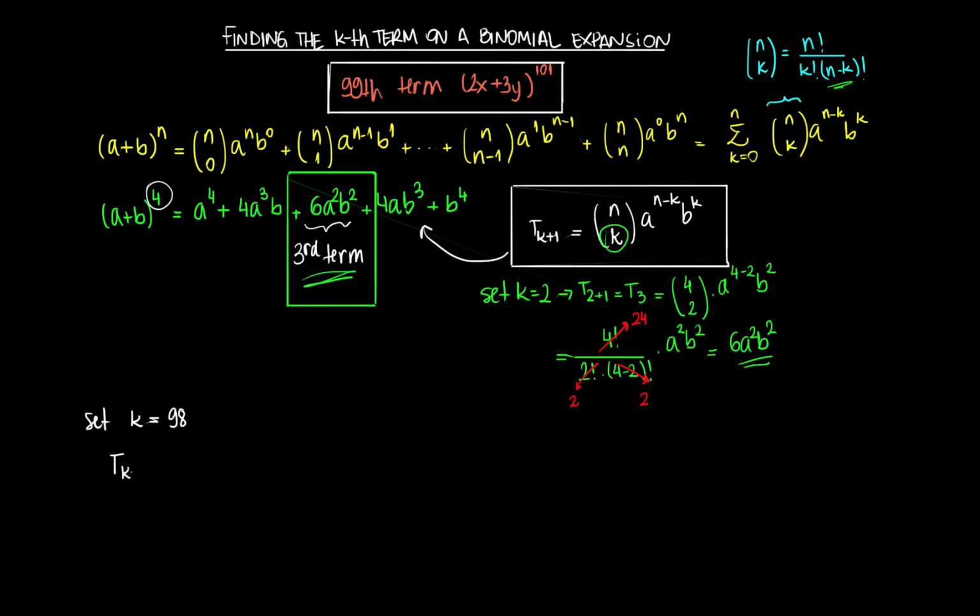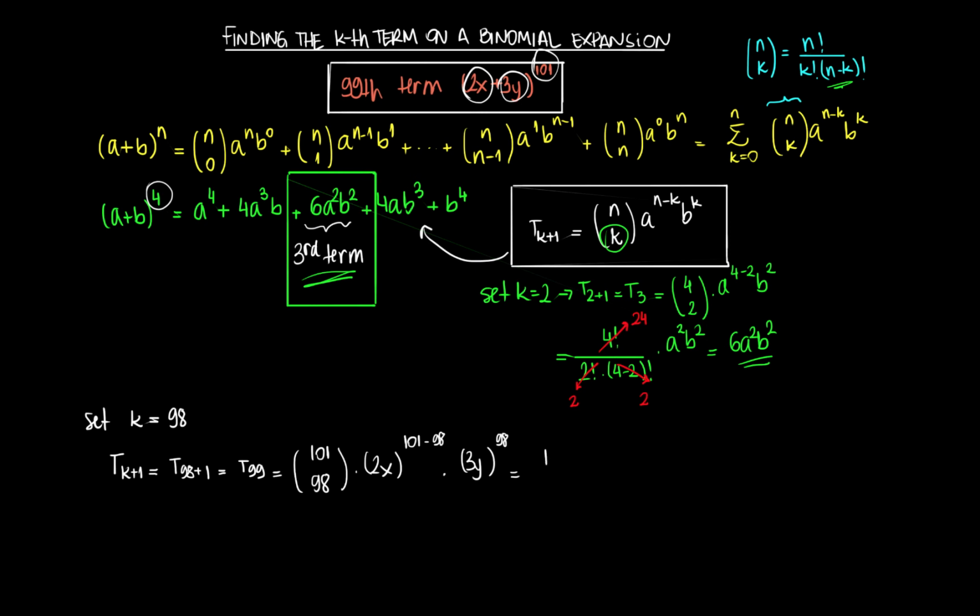So we have t of k plus 1, which is the term 98 plus 1, which is actually what we want, the 99th term. This is going to be equal to n, which is 101, choose k, which is 98, times our first term inside the binomial, which is 2x to the power of 101 minus 98, times the second term, 3y to the power of 98.